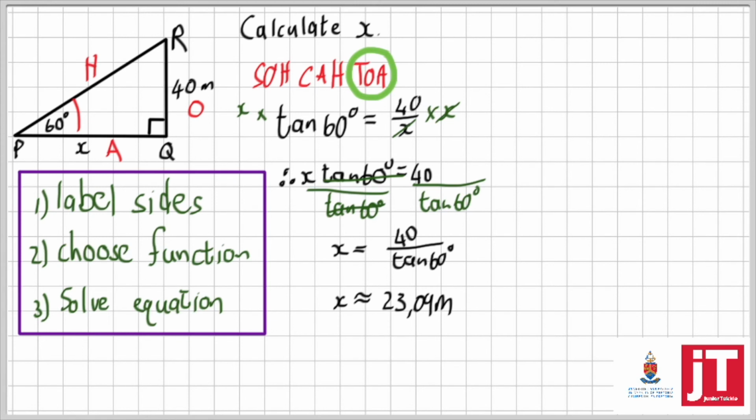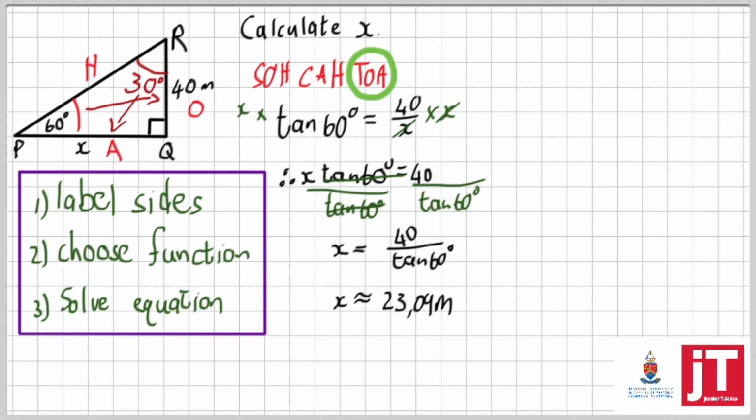If I look at my triangle, this angle here at the top is 30 degrees, which means the side opposite the 30 must be smaller than the side opposite the 60.